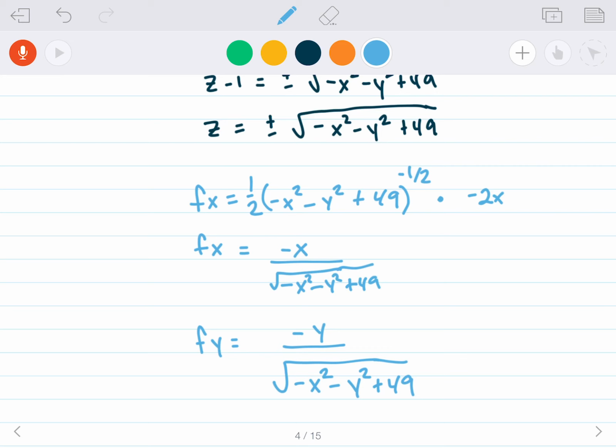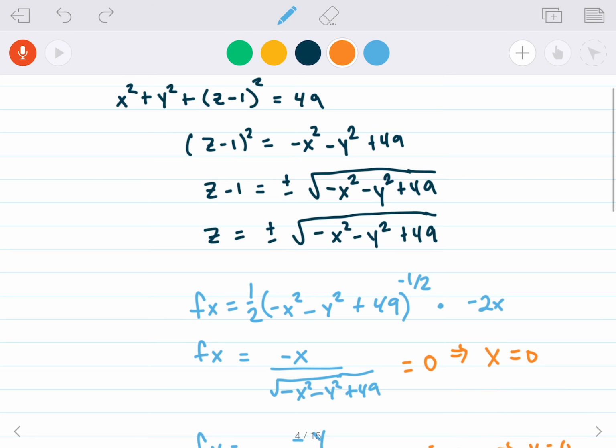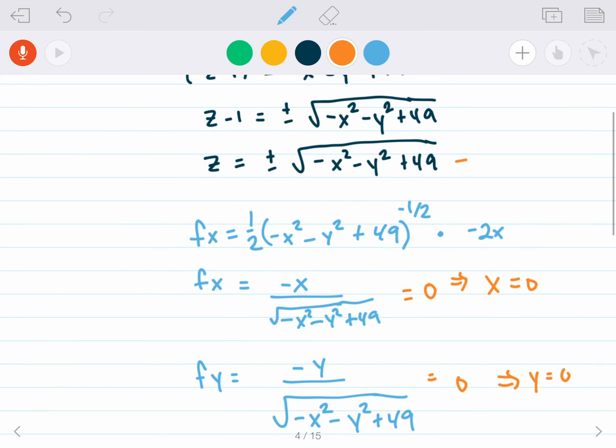Now, if I set each of these equal to 0, I get x equals 0, y equals 0. And if I plug in x is 0, y is 0 into my original function here, I get z is equal to plus or minus the square root of 0 minus 0 plus 49.